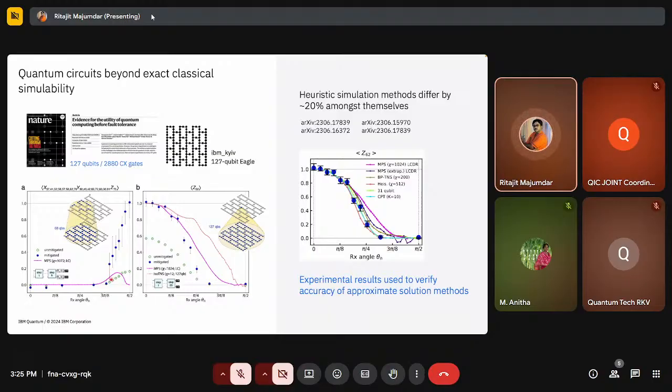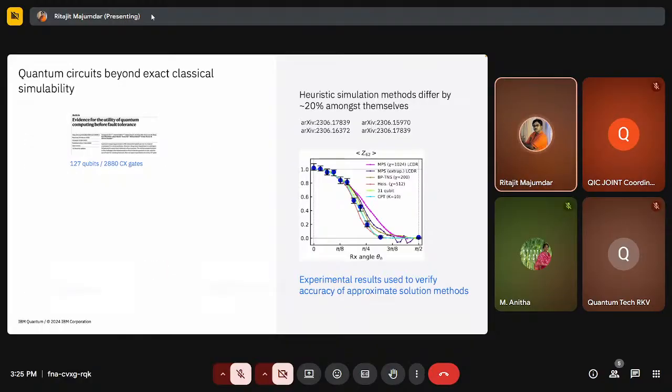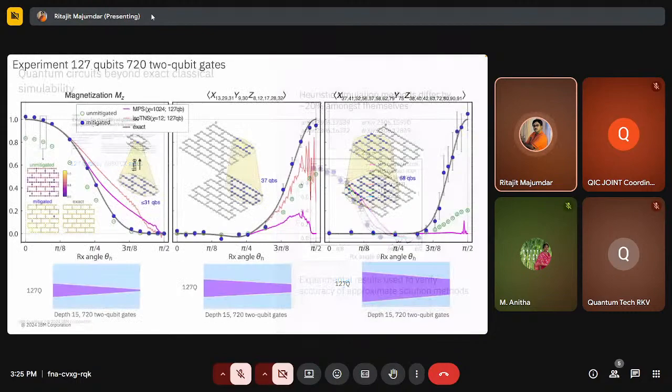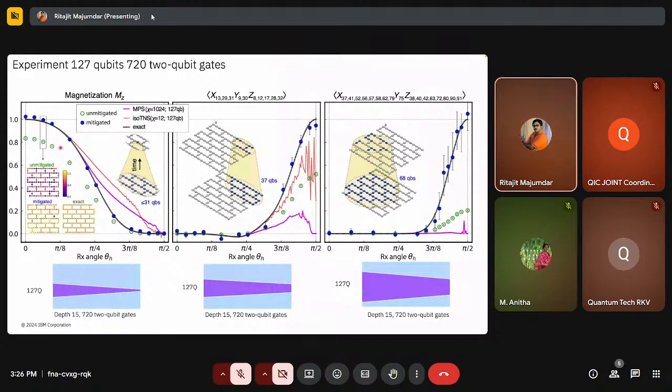So the question to you is, we don't know which one is the exact, which one is the correct solution, but which one do you trust? Understanding how closely the quantum computer follows the exact solution as we go to bigger and bigger systems, while the classical approximate method goes off, I think at this point you are more willing to trust the solution of the quantum computer and not the solution of the classical one.